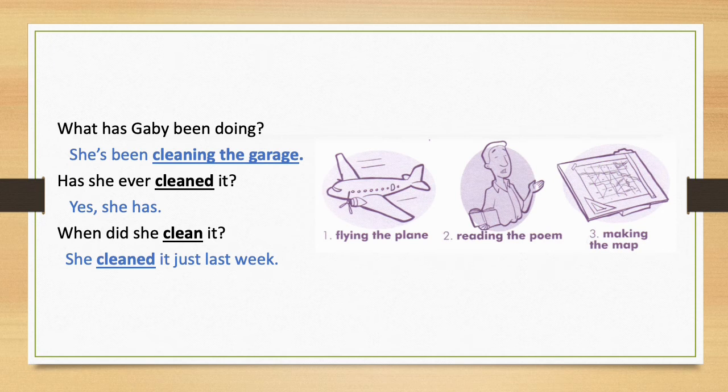What has Gabby been doing? She's been reading the poem. Has she ever read it? Yes, she has. When did she read it? She read it just last week.